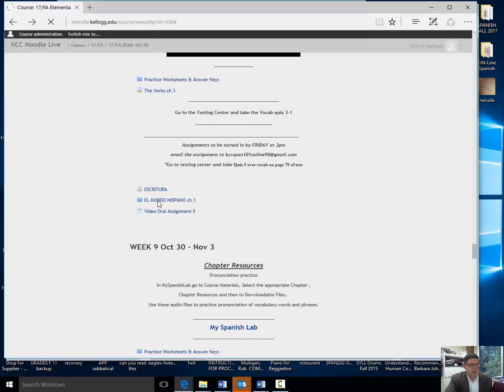And El Mundo Hispano. So for chapter 3, what you're going to do, I know I'm spoon feeding this to you, but I've had some people that have had some issues with this.